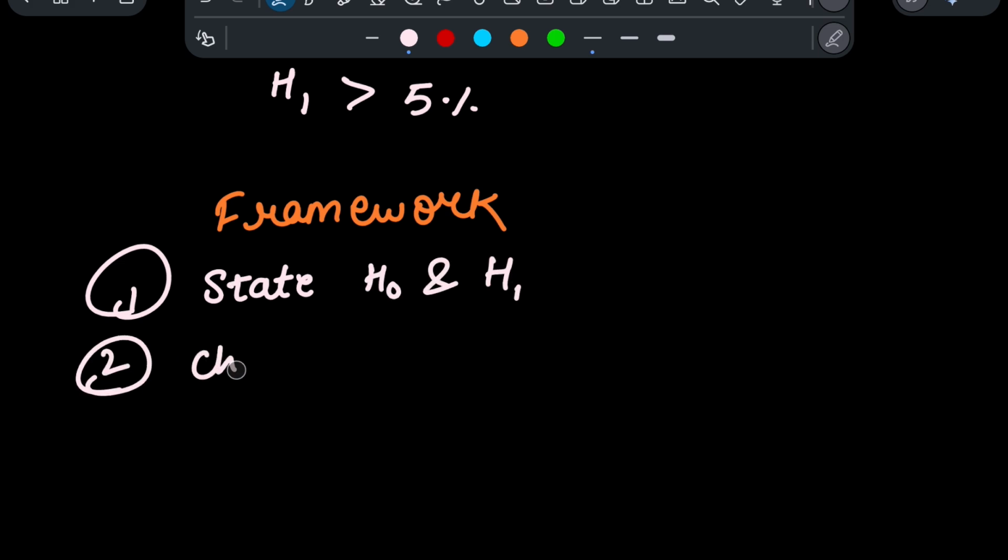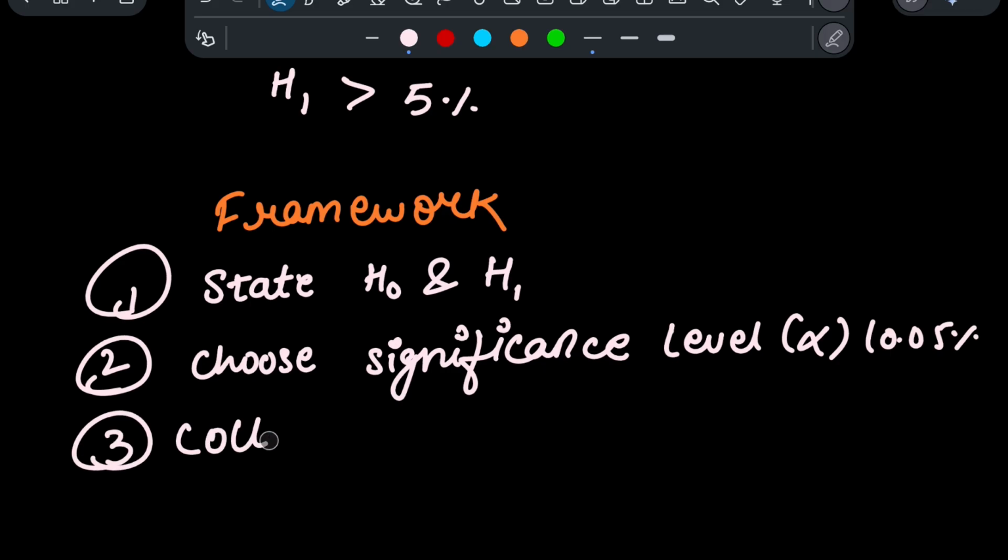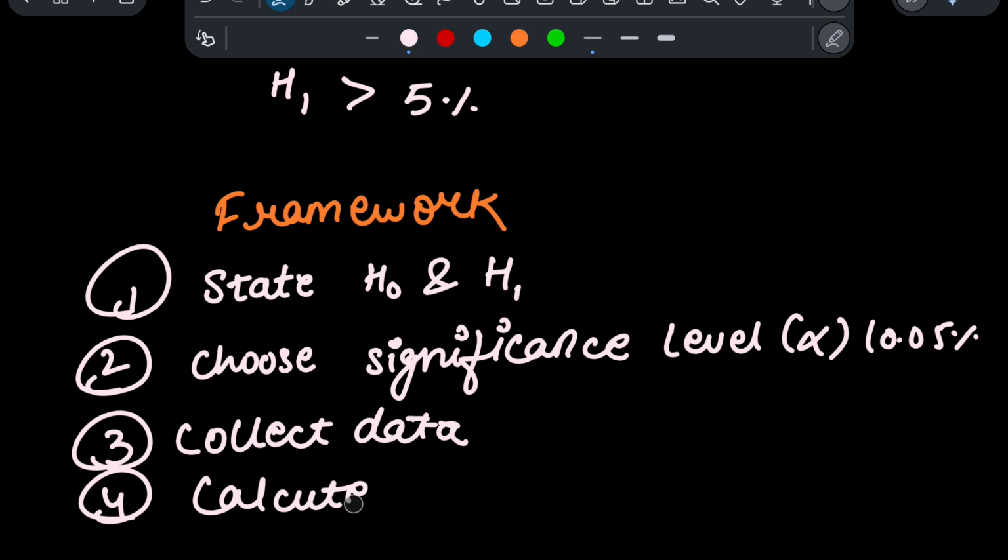Then we choose the significance level, or the alpha, and it's usually 0.05, okay. Then after that you just collect the data, and after collecting your data you calculate the test statistics.